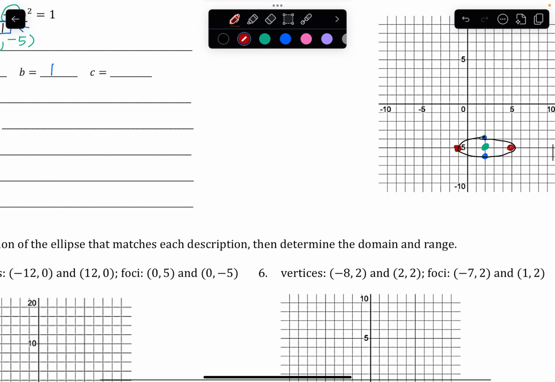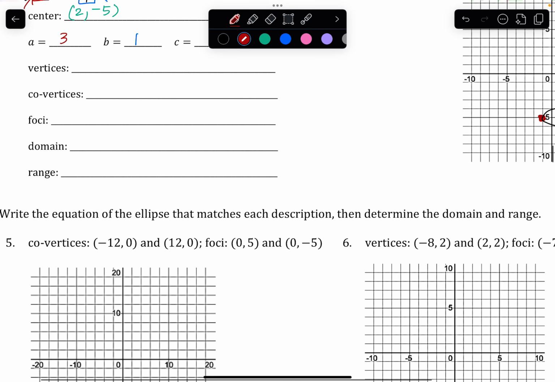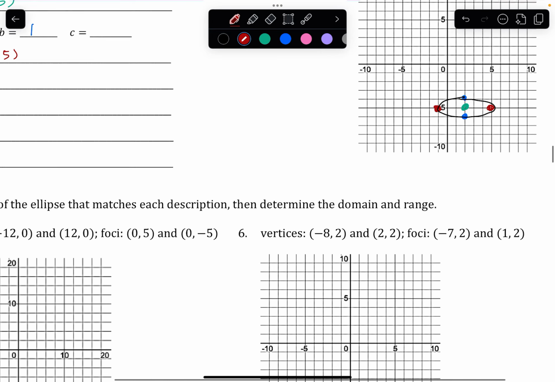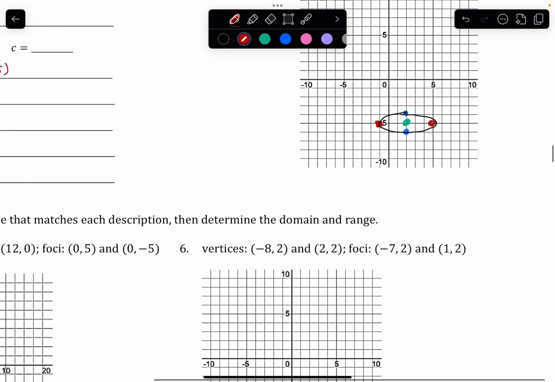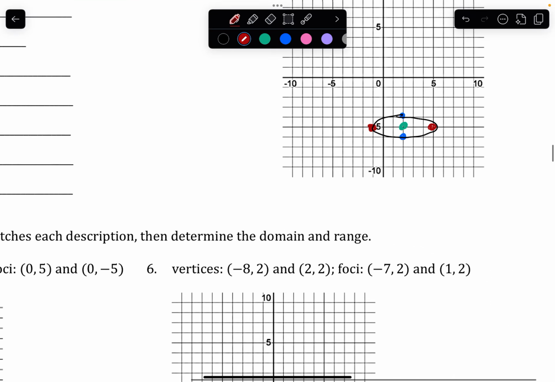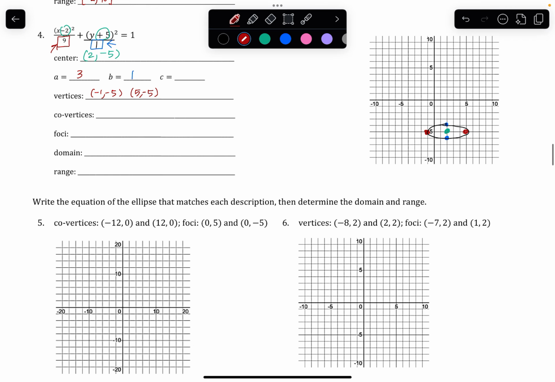And so my vertices are in red. So -1, -5. And then 5, -5. My co-vertices are in blue. So that is 2, -4 and 2, -6.